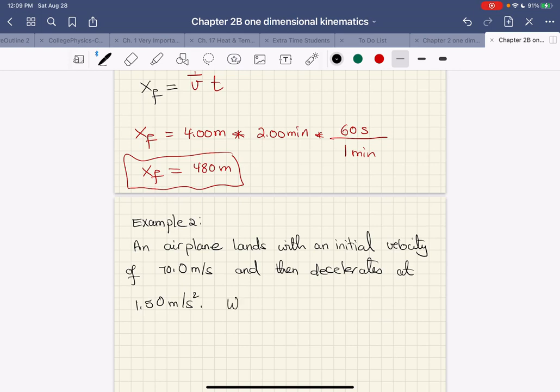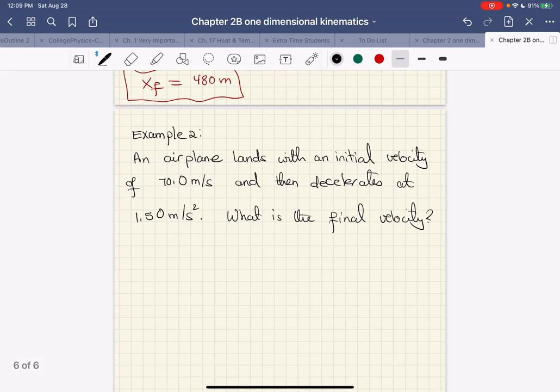What is the final velocity? Here for my solution, I have this is my positive x-axis.